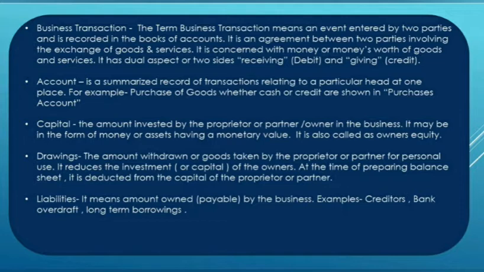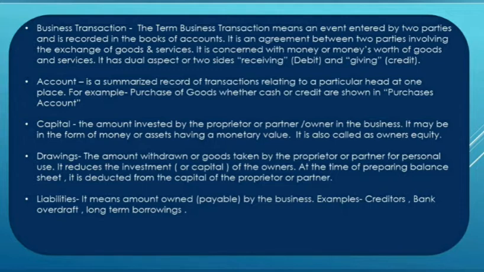So external liability arises because of loans. If your company has taken any loans, then the company has an external liability. Examples of external liabilities could be your creditors, your bank overdraft, long-term borrowings, and other liabilities.